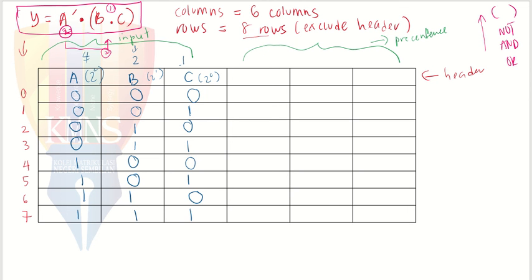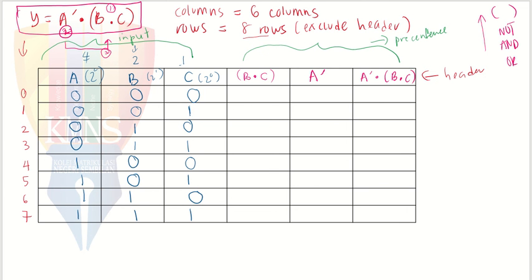The first step is b dot c. You can put a bracket over here or not, it's up to you. The second step is a prime, and the next step is you combine all together in one Boolean expression. So it will become a bar dot b dot c.